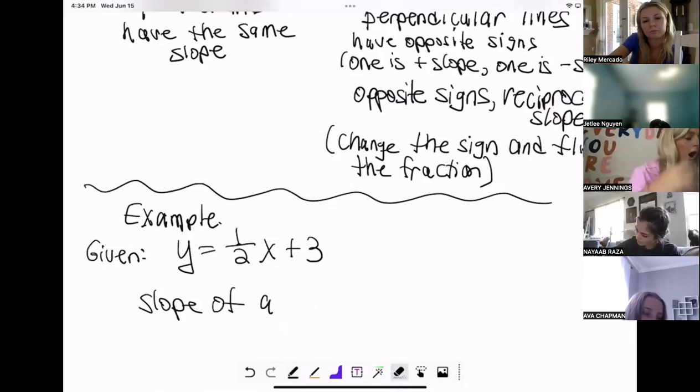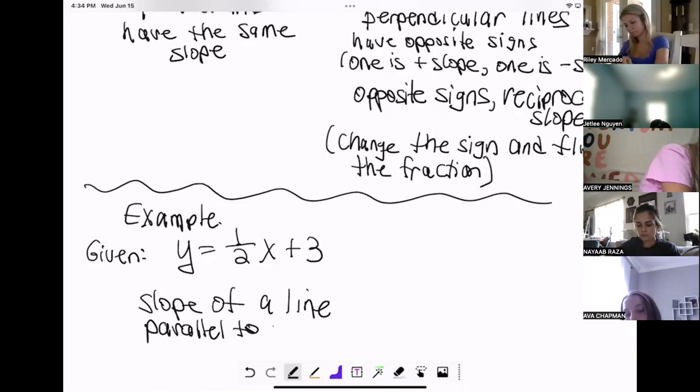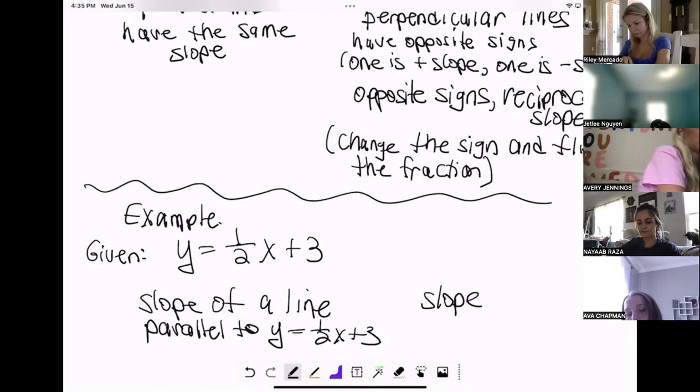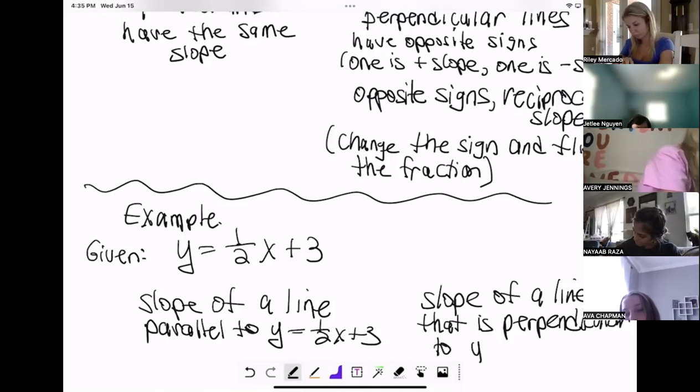I can't talk and write at the same time. The slope of a line parallel to y = 1/2 x + 3. And I want to find the slope of a line that is perpendicular to it. Just the slope. We're just concentrating on slope today.